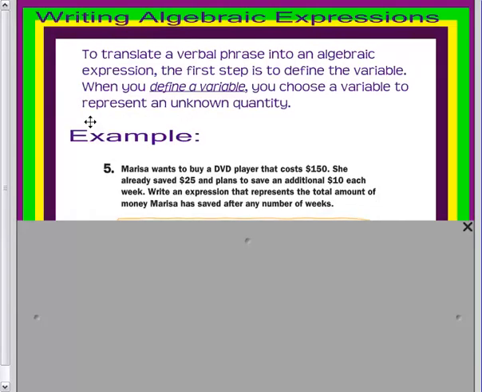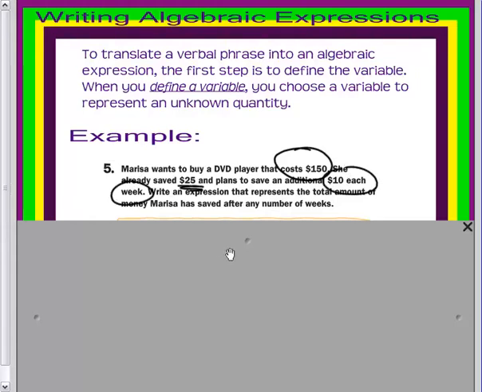Okay, let's look at this one. What if we wanted to translate a verbal phrase into an algebraic expression? The first step is to define the variable, and then make sure we represent it as an unknown. So Marissa wants to buy a DVD player that costs $150. She saved $125 already and plans to save an additional $10 per week.